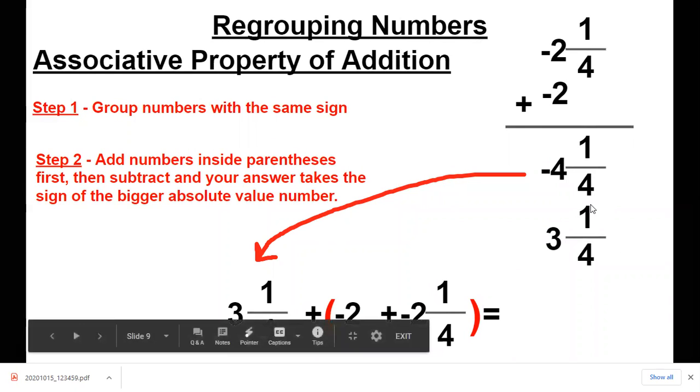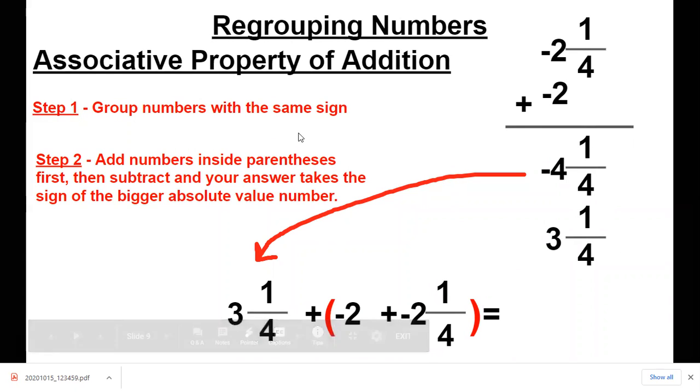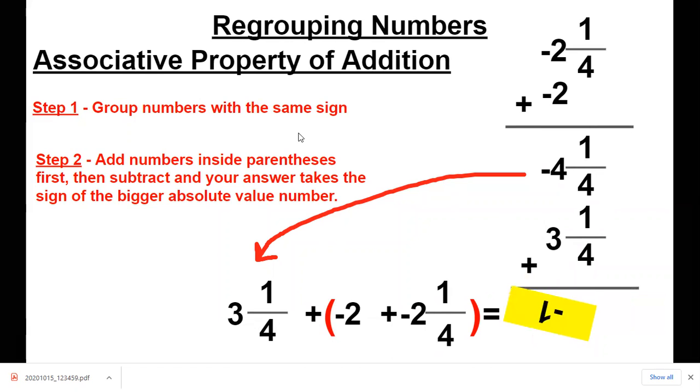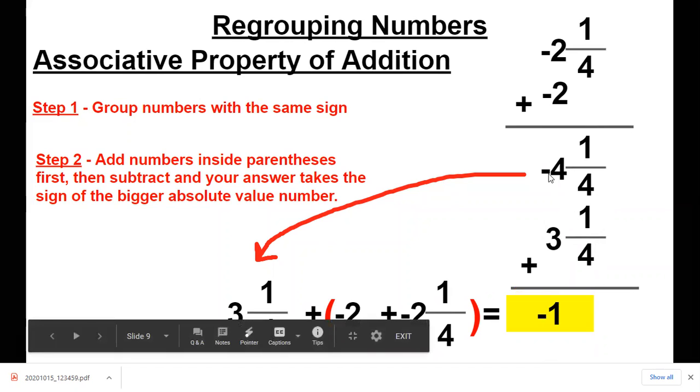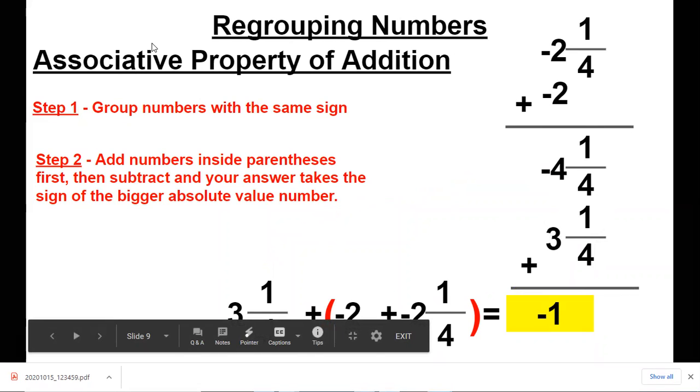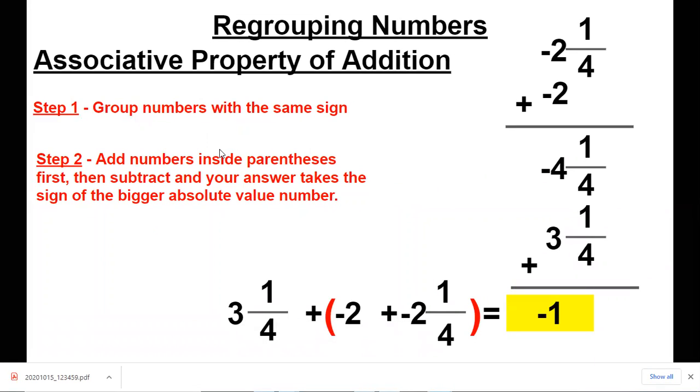Line up our fractions, line up our whole numbers. Remember, we're subtracting. So we end up getting 1/4 minus 1/4 is nothing. And 4 minus 3 is 1. And since this is the bigger number, the negative sign, we're going to give it a -1. So that answer is -1. Make sure you understand that and don't get confused. It'll just get more confusing on the next lesson when we do subtraction.